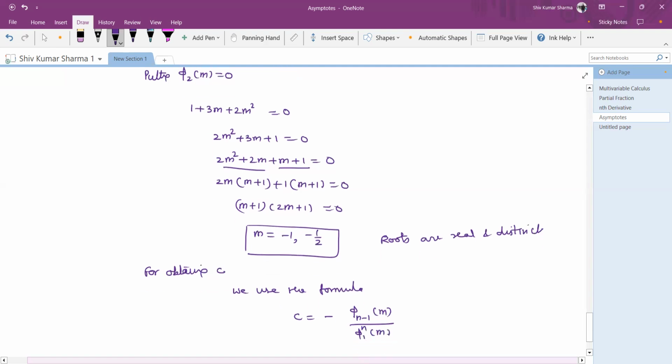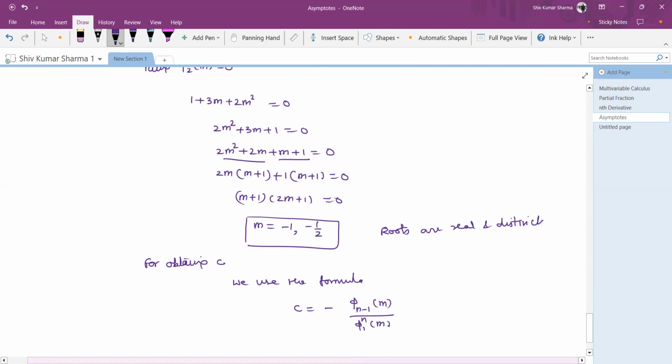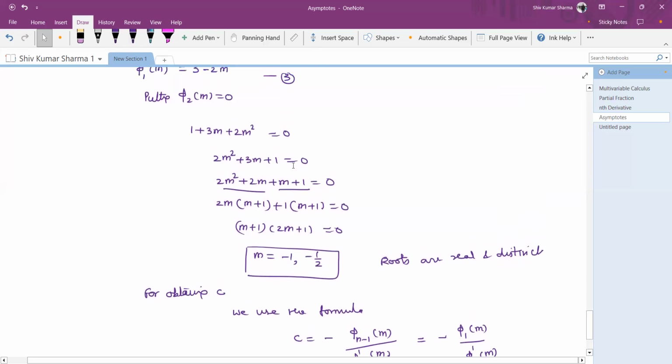What is n here? n is 2 because the highest degree is 2. So we write minus phi 1 m upon phi dash 2m. This is our formula, so we need to obtain phi dash 2m.